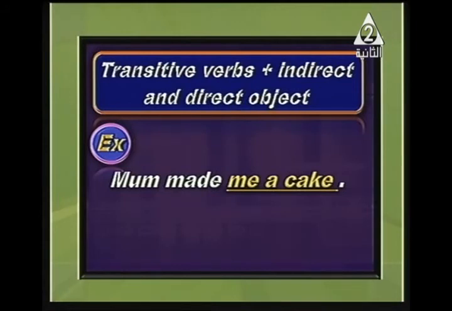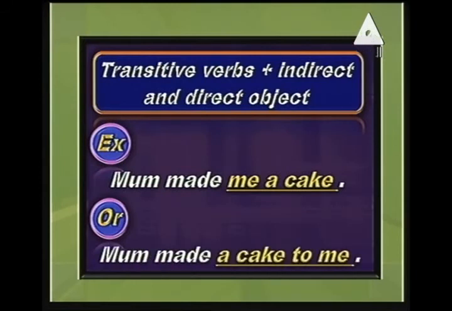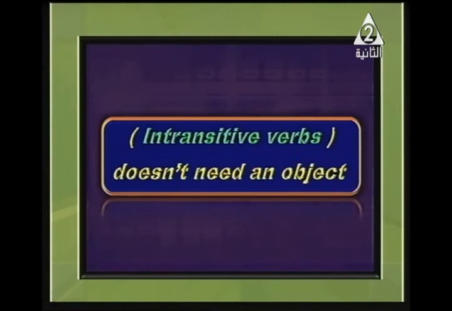Now if I said you have to put "to," how will you do it? Yes, right. We put the direct object first, which is a cake, then the indirect object, which is me, and separate them with "to." My mom made a cake to me. Yes, fine.